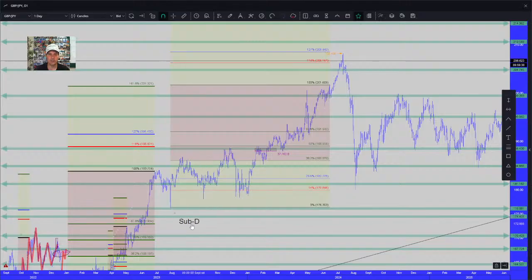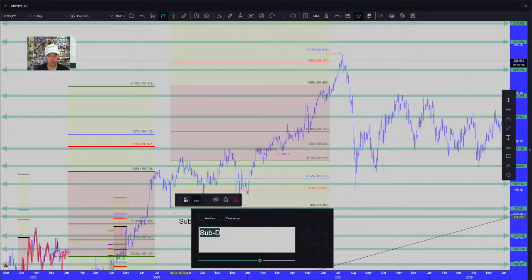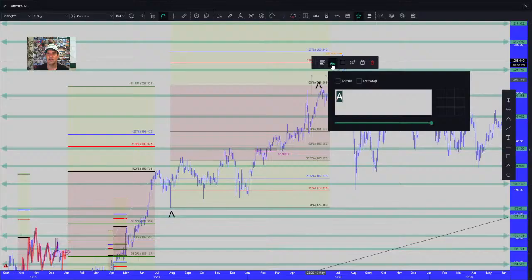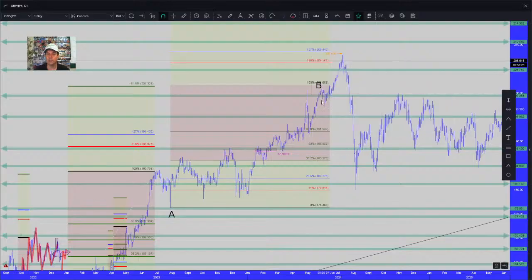So this is going to be our A, and that's our A on the original Fibonacci, GBP JPY daily chart. This time check your Fibonacci's. Do you have the same as I do? ABC, same story.